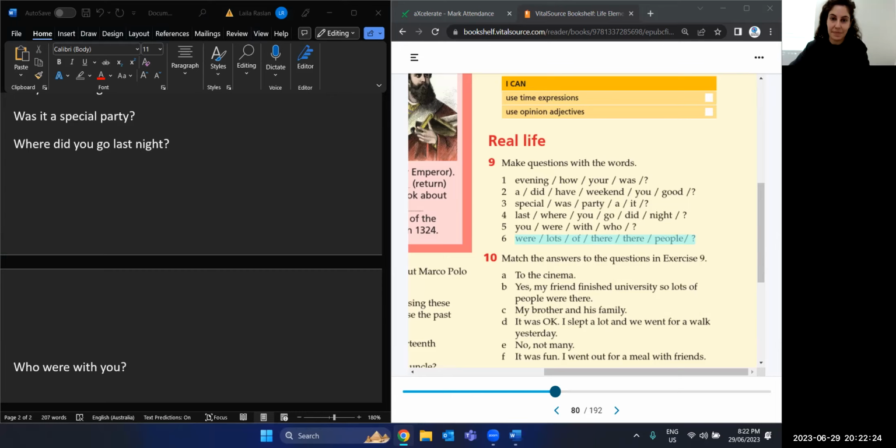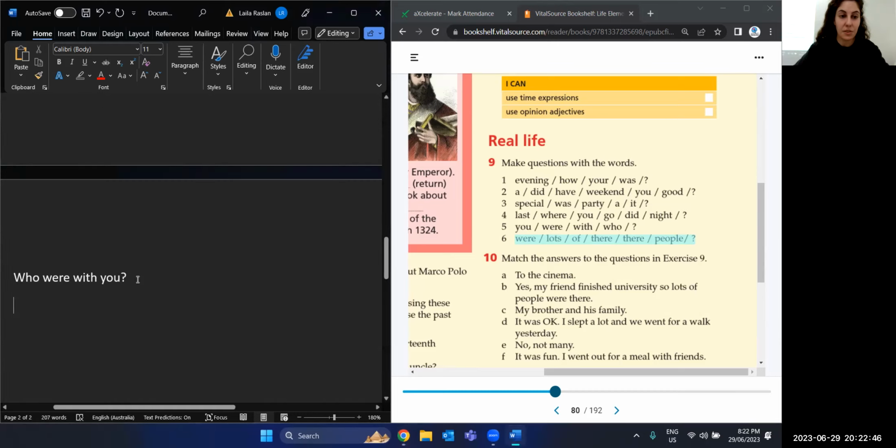This is a hard one because there's 2 there. Yeah, but it makes sense. So let's see, can you make a sentence for number 6, Solange? So let's start with one of the W's.